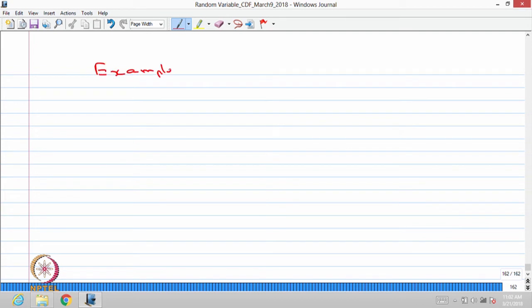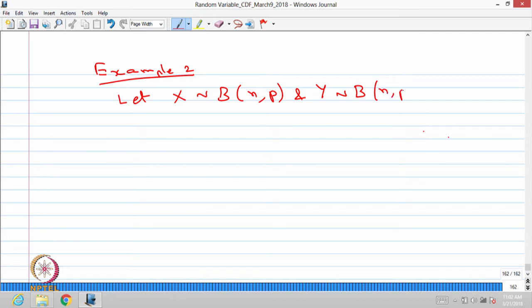Example 2. Let x be a random variable which is binomially distributed with the parameters n comma p. And another random variable y that is also binomially distributed with the parameters n comma p, same p.